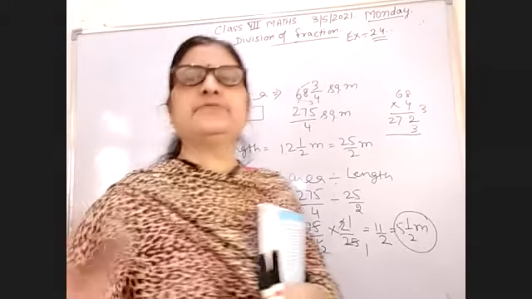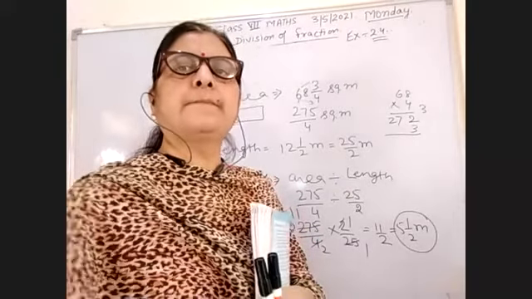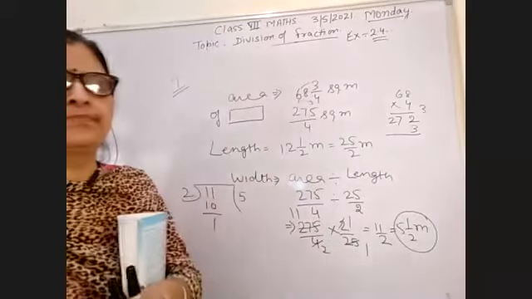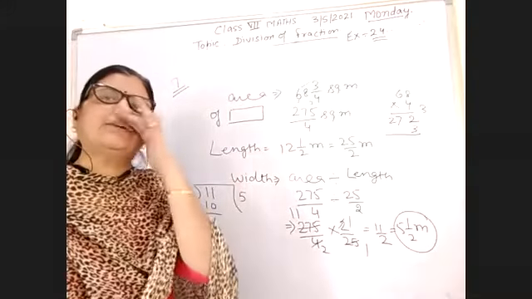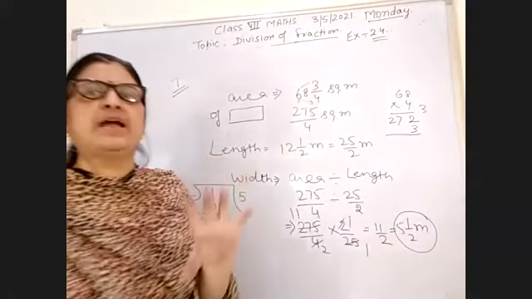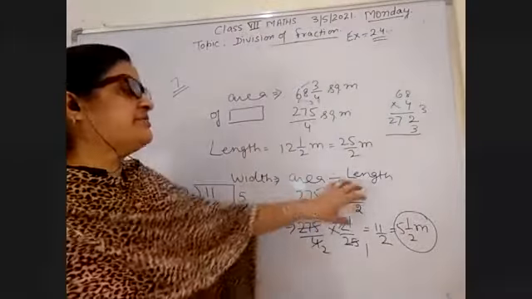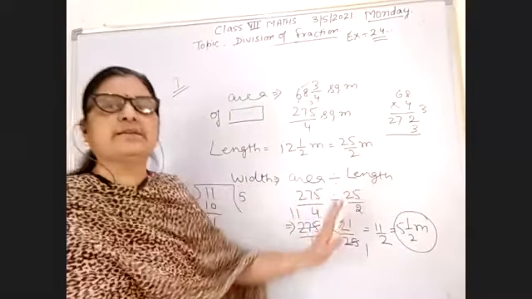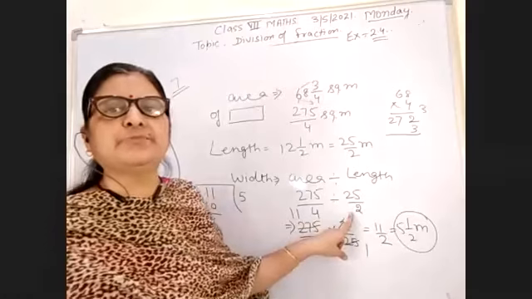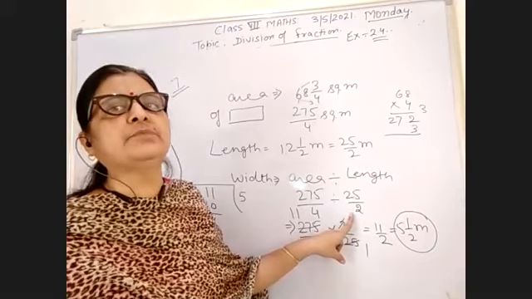Yes, students, if you have any doubt regarding the division of fraction, it is totally related to taking the reciprocal of the division part. That means after the division sign, the portion that comes, you have to take its reciprocal. Reciprocal means in the reciprocal portion your numerator becomes the denominator and denominator becomes the numerator.